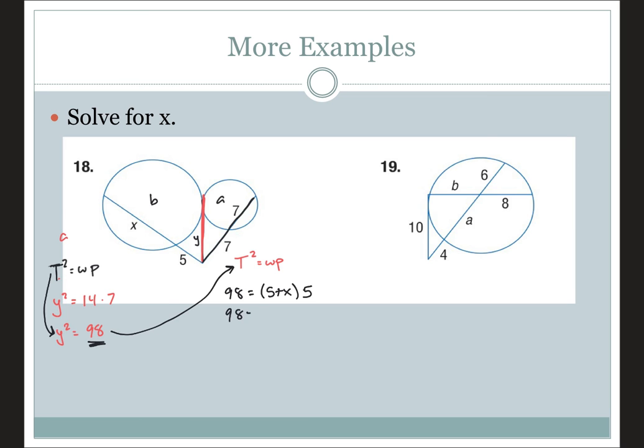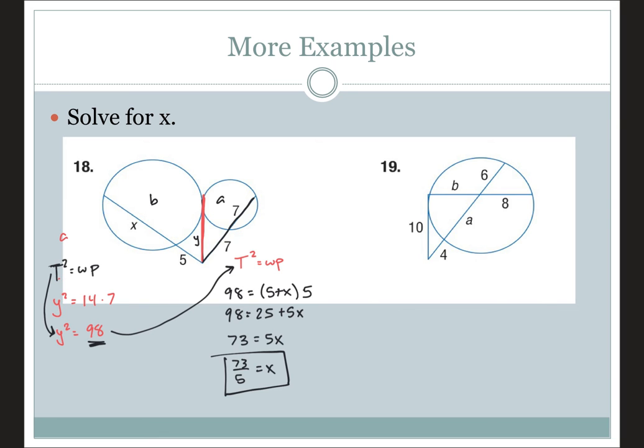So 98 is equal to 25 plus 5x, minus 25 to both sides. And again, don't be scared of fractions. They are numbers too.